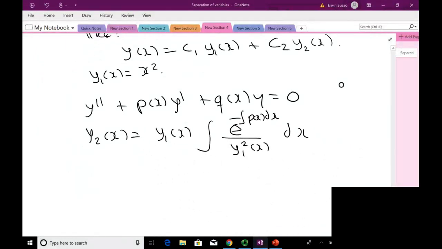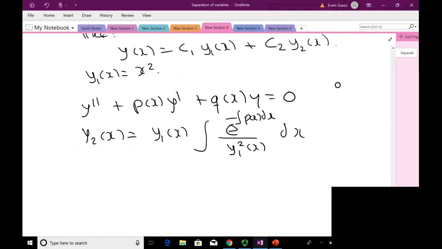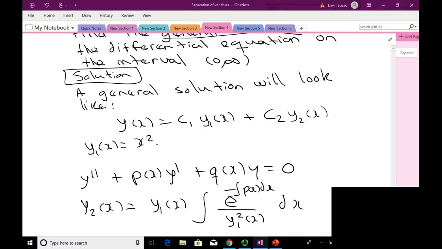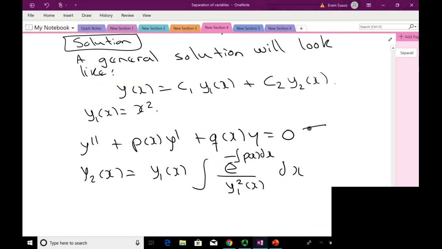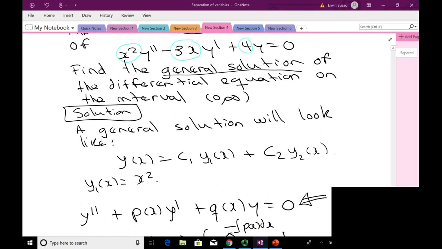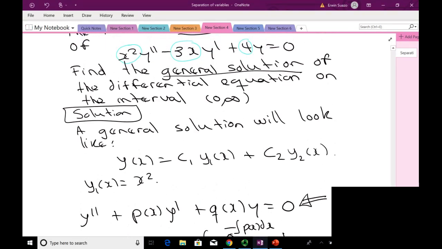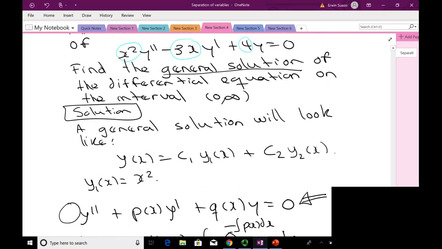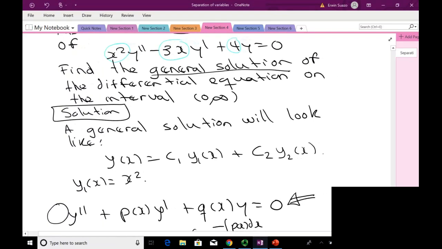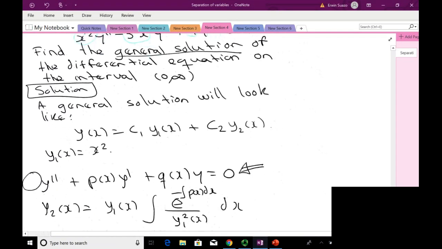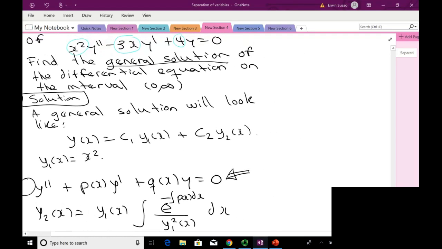The equation we have doesn't look exactly like this one, because our equation has x squared at the beginning, and this one doesn't. So we need to change it by dividing by x squared.